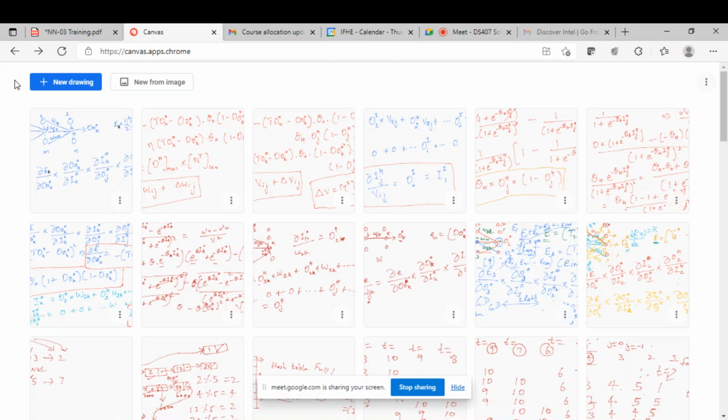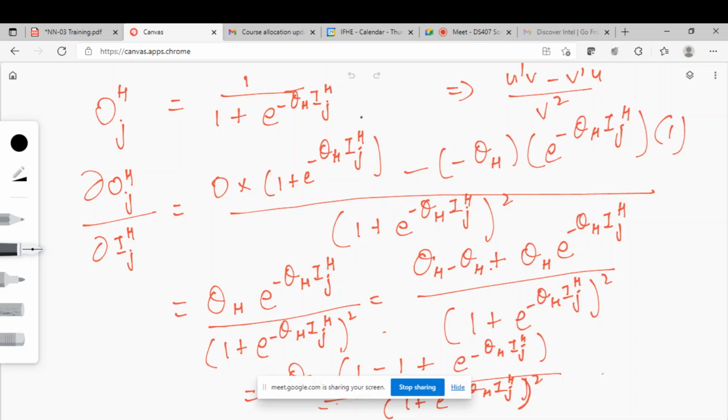v dash u. What is v dash? This part. When you take the derivative, the 1 will become 0. For e to the power minus theta h I_j^h, when you take the derivative, you will get minus theta h into e to the power minus theta h I_j^h. So that you are getting here, and this minus theta h also comes here.